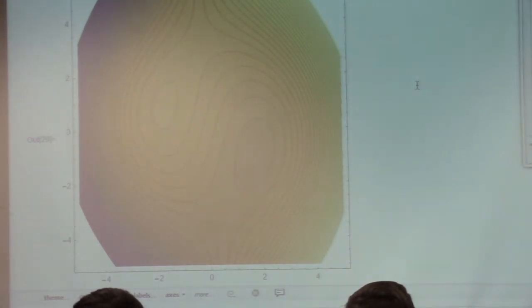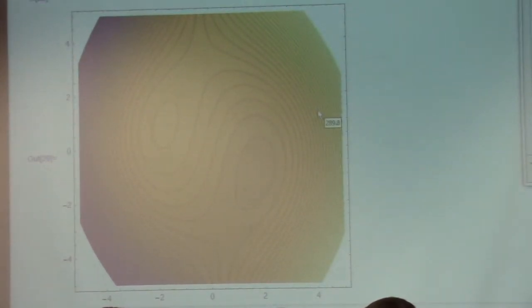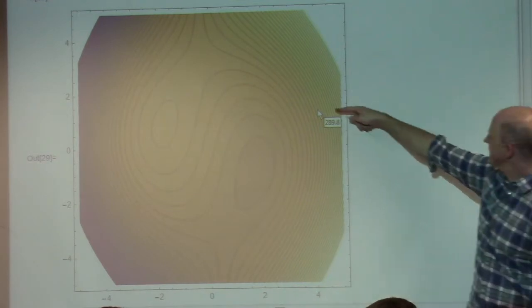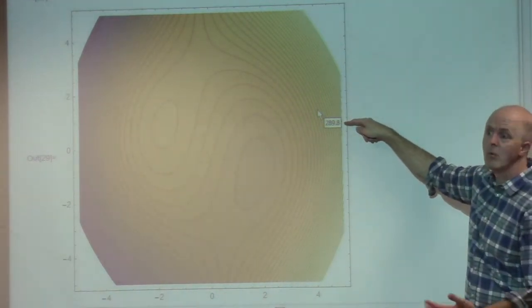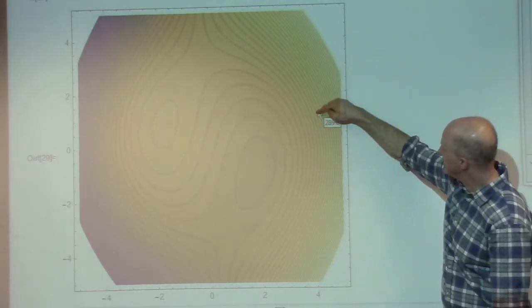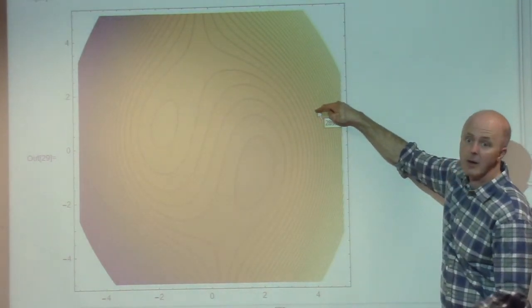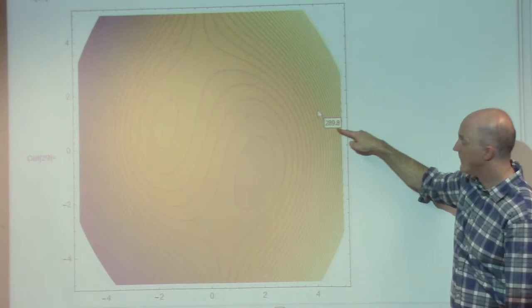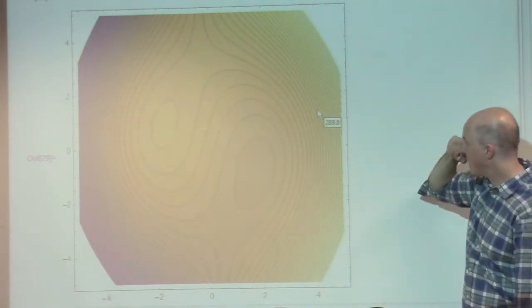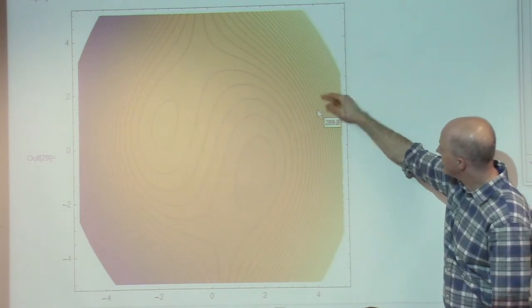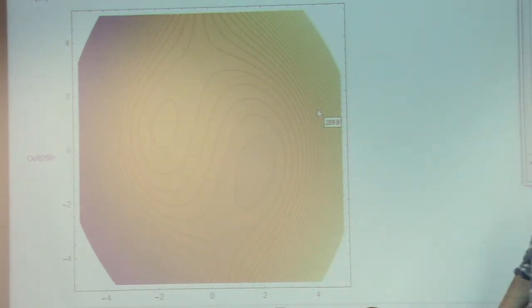And again, if you put the cursor on any one of these, like right there, that's telling you at that point the density is 289.8 grams per square centimeter, which again would mean if you cut out a little piece of metal near there, you can approximate its mass by multiplying that density times the area of the little piece. It will be an approximation because this is a function that varies. It's not constant, but over a small piece, it doesn't change very much by the continuity.